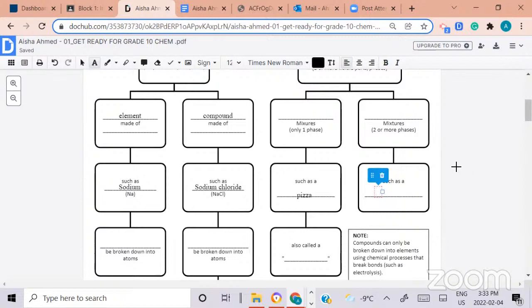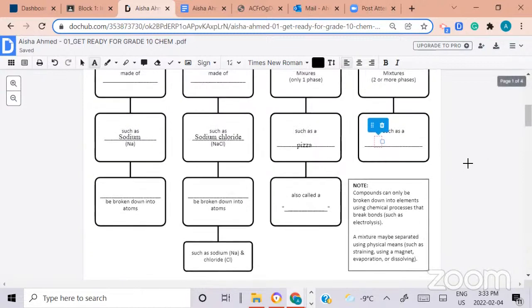Okay, so something can be broken down into atoms. Blank can be broken down into atoms. Compounds can be broken down into elements using chemical processes. Okay, so I'm just thinking.